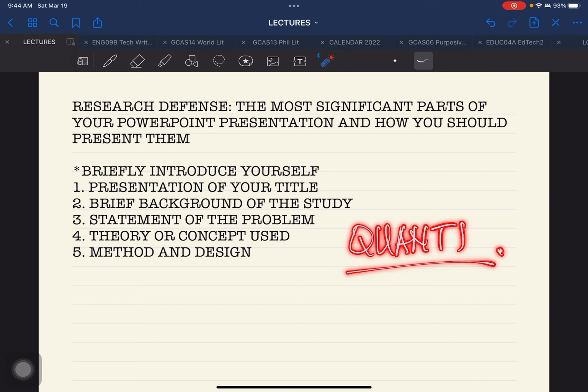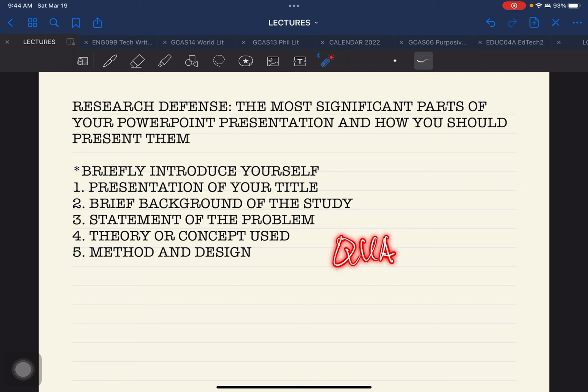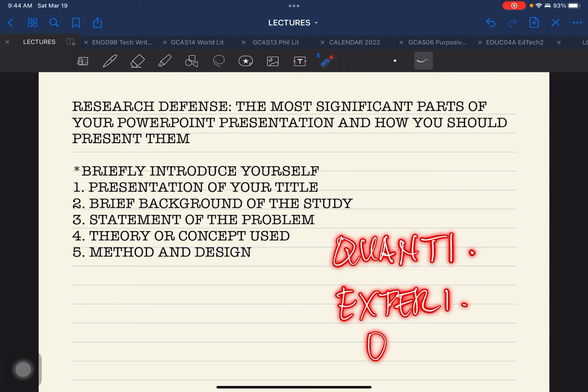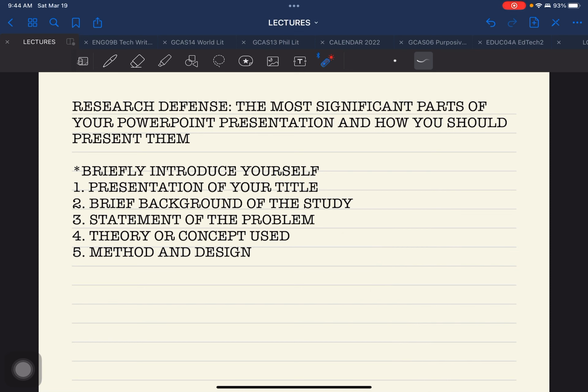Under the quantitative method, what particular design did you use? So if you utilize the quantitative method, and specifically the design that you're going to use is experimental or quasi-experimental, then you have to include that in your PowerPoint presentation.